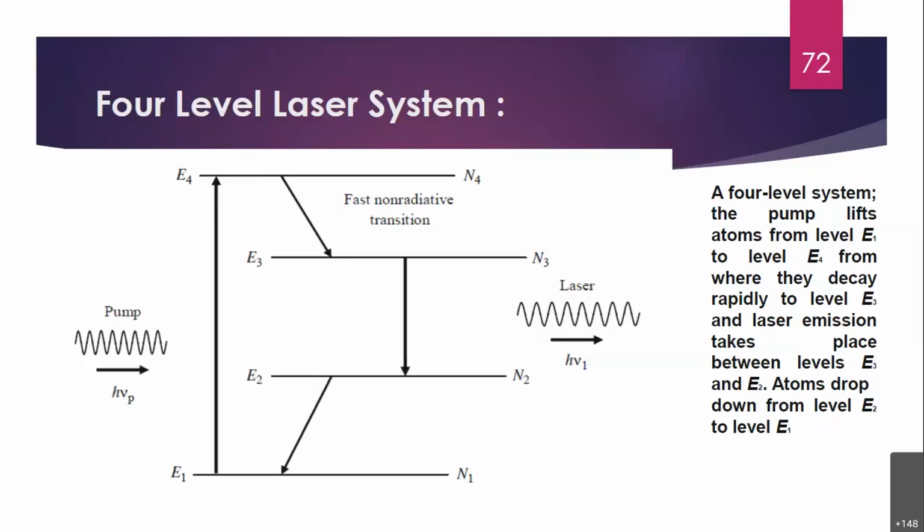But actually, in this case itself, you can get the maximum output. So you don't need to move for 5 level or 6 level system. Okay. Because the ultimate criterion is your N2, that means upper level particles have to be the maximum number, and that can be achievable in level 3. And lower level has to be minimum, so minimum number of particles. So in level 2, it is almost negligible number of particles. So that's why here itself you are going to achieve that criterion. So no need to go for 5 or 6. But if you want, you can always go to that. No, it's not a problem.